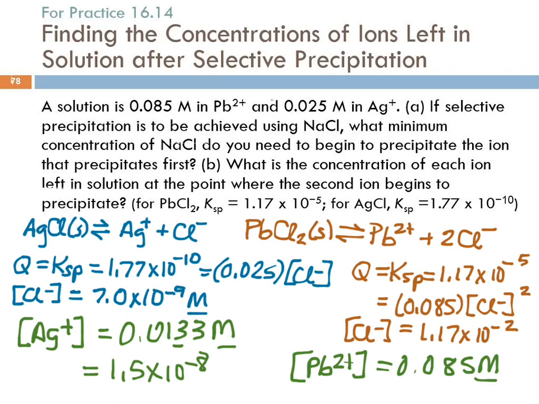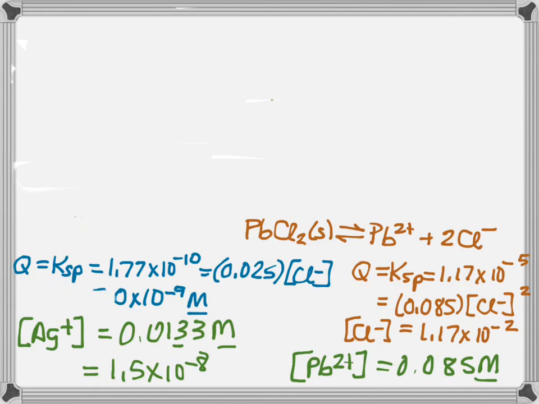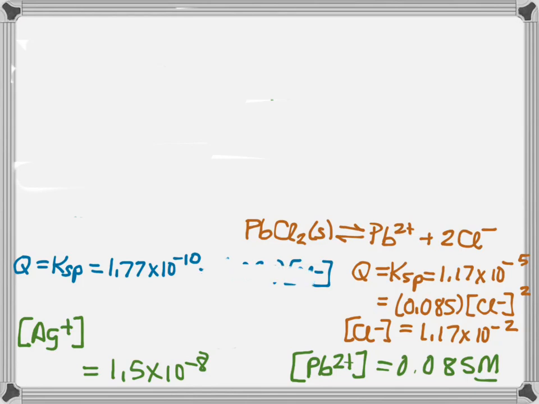We've got all these numbers memorized, right? So we don't need that. No, we did need that. We don't need this part. We need KSP. That's the wrong answer. I'll get rid of that.